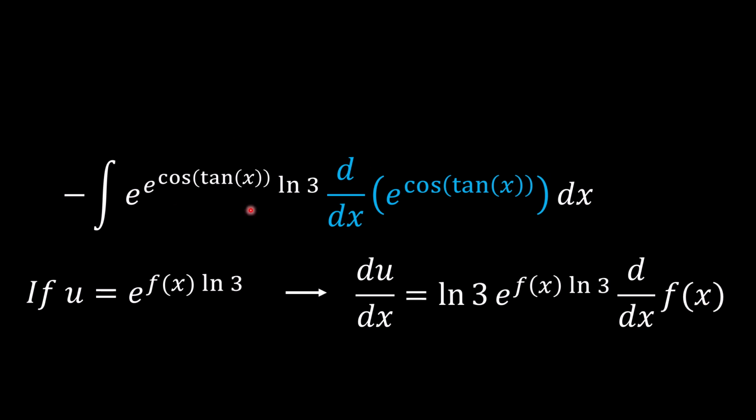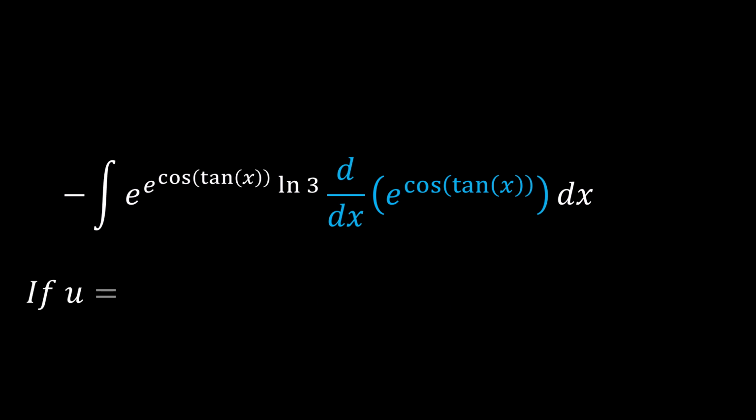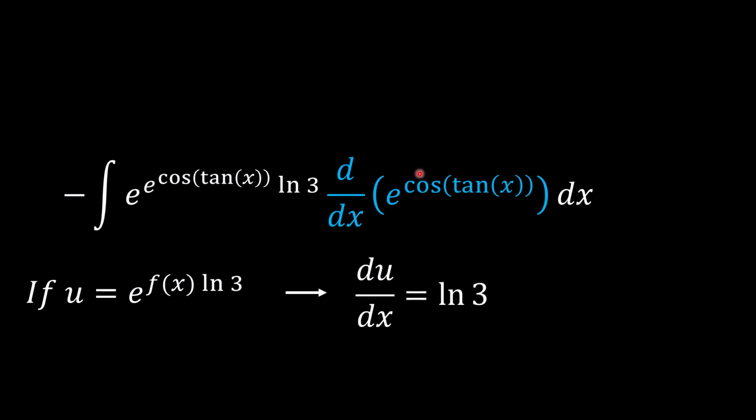And that's exactly what we have here, without the constant. What that allows us to see is that our function f(x) is the same as e to the power cosine of tangent of x.